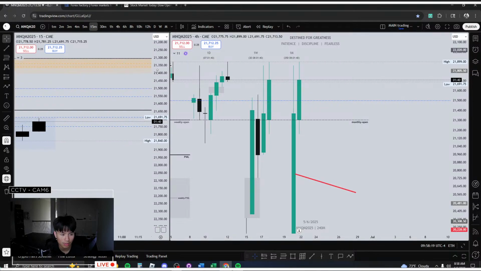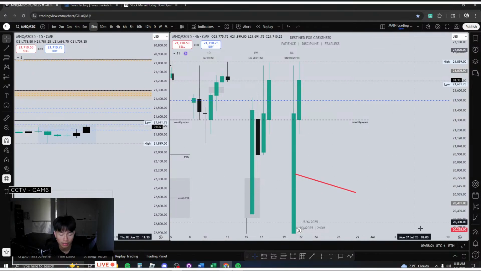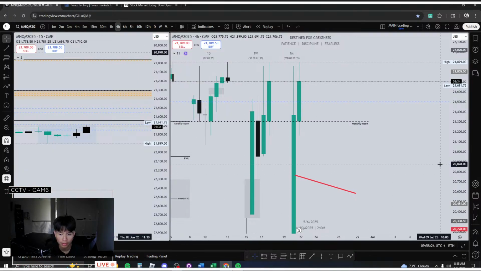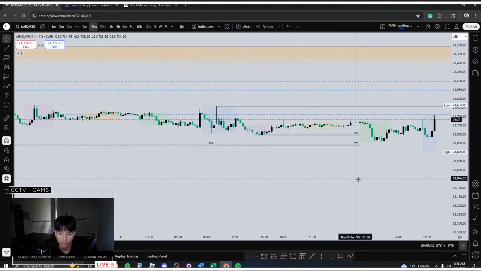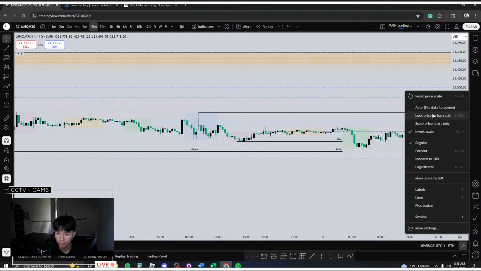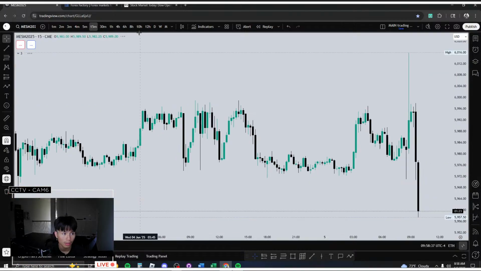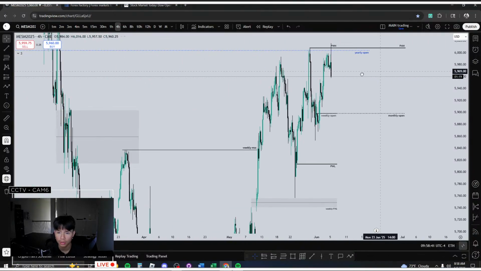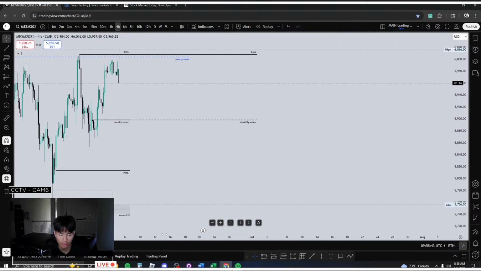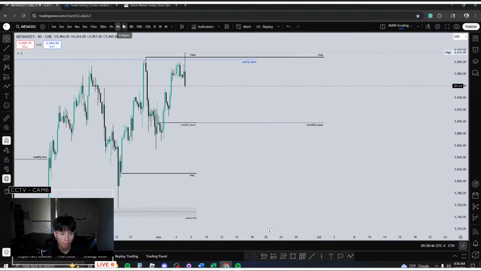And I do want to take a look at ES as well. Did ES take out the monthly high? We did take out the monthly high here on ES, which is good, because the fact that we did take out the monthly high on ES means that there's no SMT.